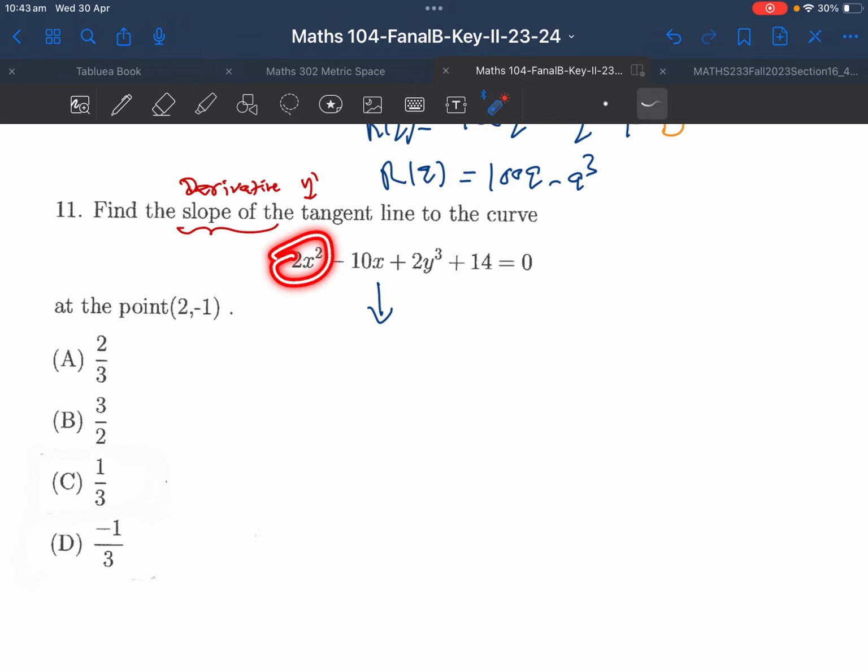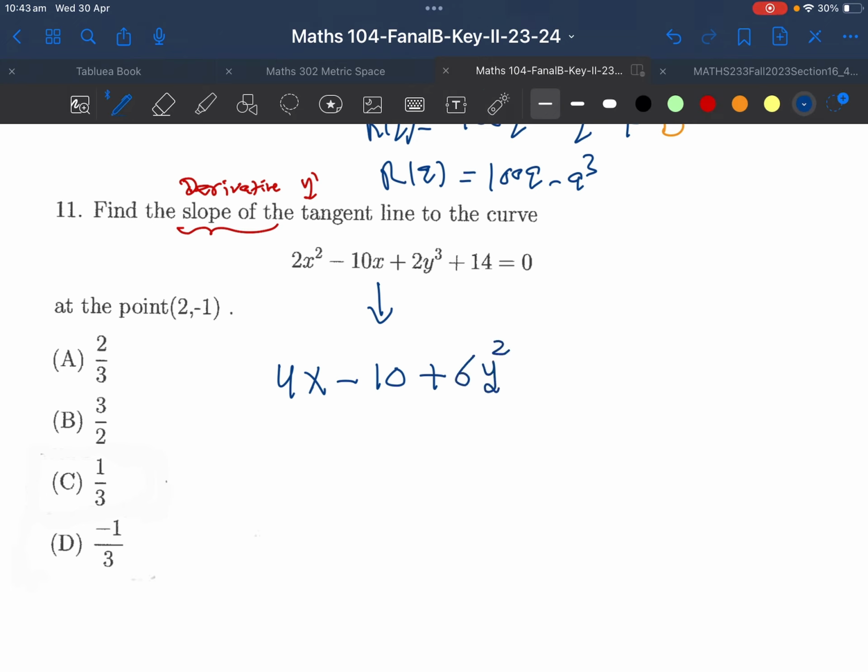What's the derivative of 2x squared? This would be just 4x, minus the derivative of 10x, which is just 10. Now, when we come to the derivative of something with y, we take the derivative as usual, so it will be 6y squared, but then we add y prime. The derivative of 14 is 0, and the answer is 0.